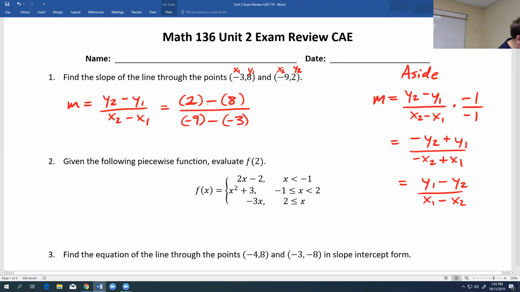On top, 2 minus 8 gives me negative 6. And negative 9 minus negative 3, so that's a plus 3. Then I get negative 6 over negative 6, which is 1. So m equals 1.